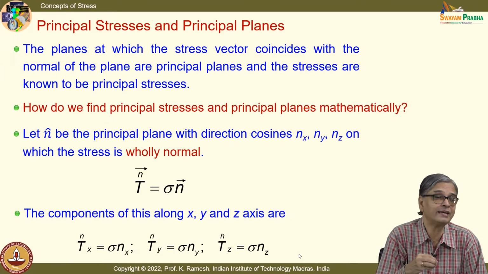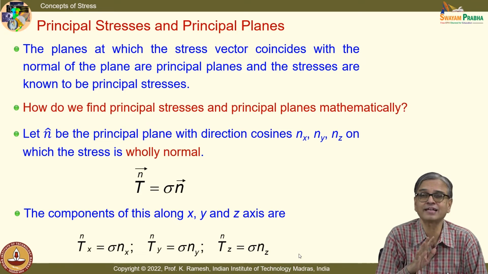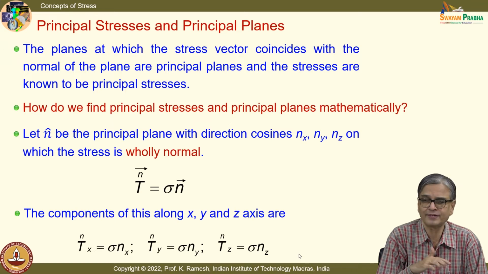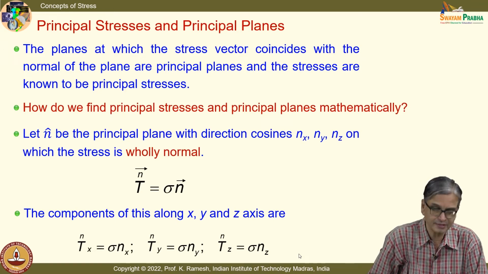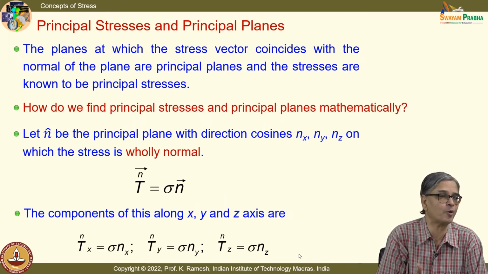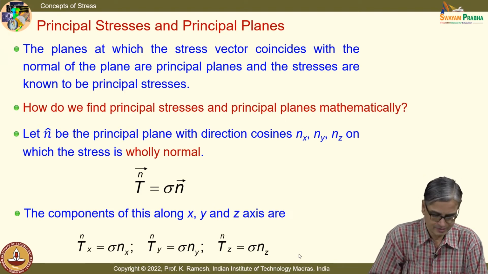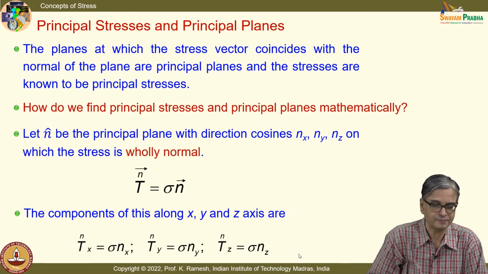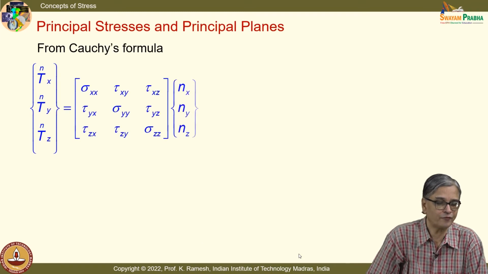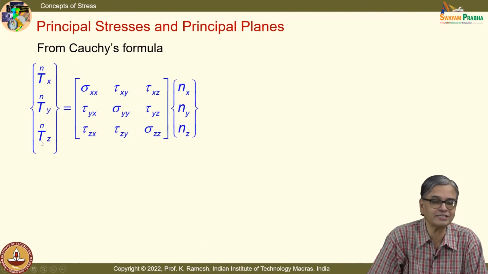What is unknown here is the direction cosines nx, ny and nz. I am not sure whether you have studied eigenvalues and eigenvectors in your mathematical courses. So if you have done that, then we are going to formulate this problem as an eigenvalue and eigenvector type of development. Okay. So from Cauchy's formula, I have the generic expression.